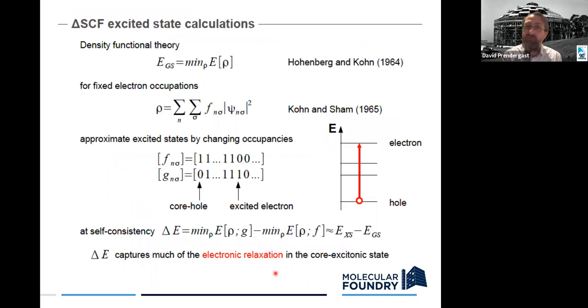So using density functional theory, where we can define the total energy of the system as a functional of the overall electron density, we can exploit the approximation that was introduced by Kohn and Sham to solve this problem, where the electron density is defined as a sum of the densities of a non-interacting fictitious electron system that has the same electron density as the overall ground state system that you care about.